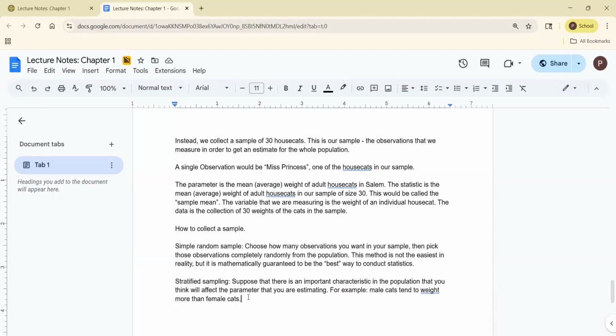So with a stratified sample, you can include those characteristics by dividing the population according to the characteristic. This is called stratifying.